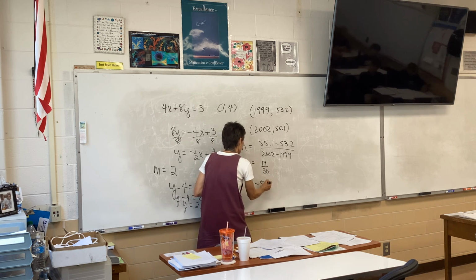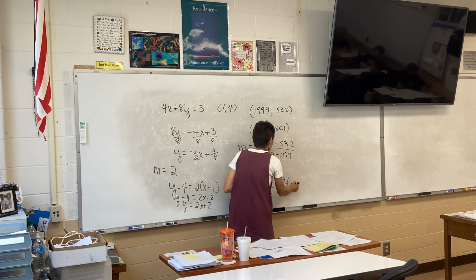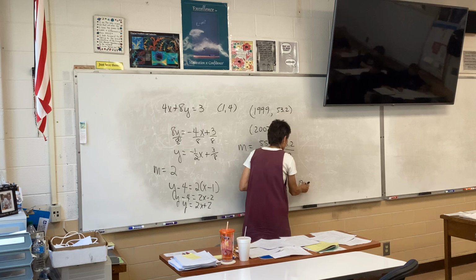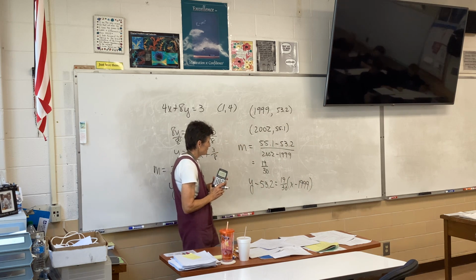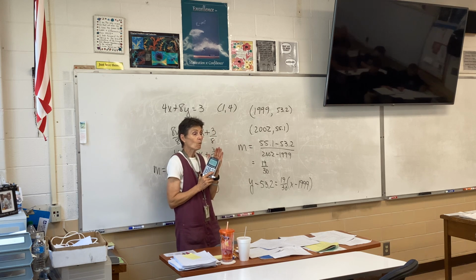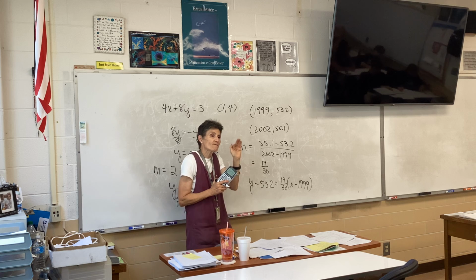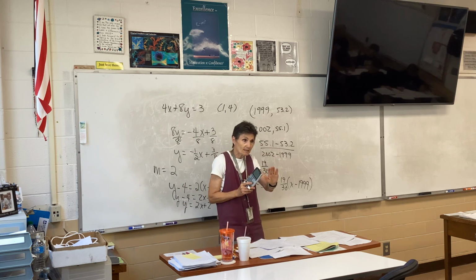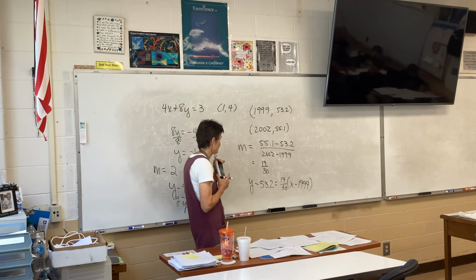Y minus 53.2 equals 19/30ths, x minus 1999. Okay, so to avoid error, we don't want to round until the very end if we can prevent it. So use your math frac button and that will always give you a fraction.